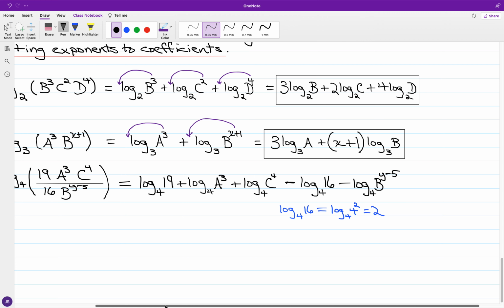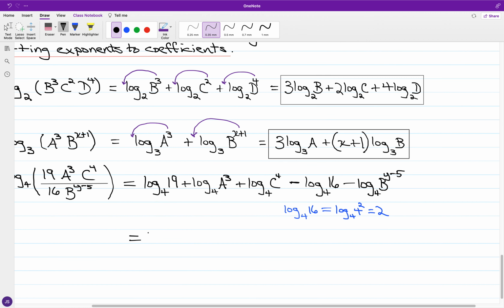So for what we have in this regard, we have the base 4 logarithm of 19. Next, with the 3 as the exponent out in front as a coefficient, the second term becomes 3 times the base 4 logarithm of a. And next, taking the 4 away where we have c to the 4th, we have 4 times the base 4 logarithm of c.